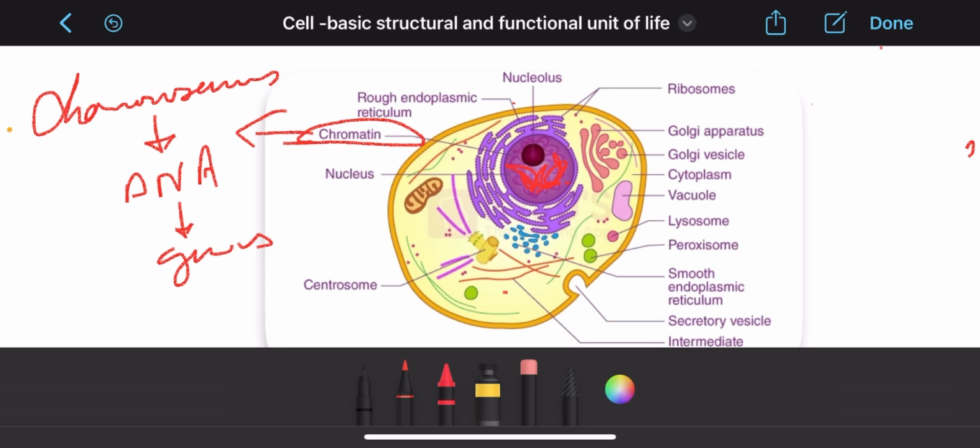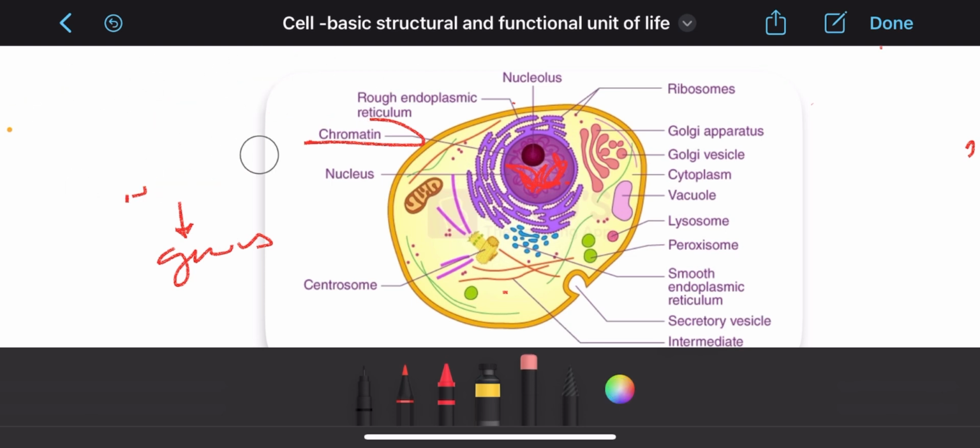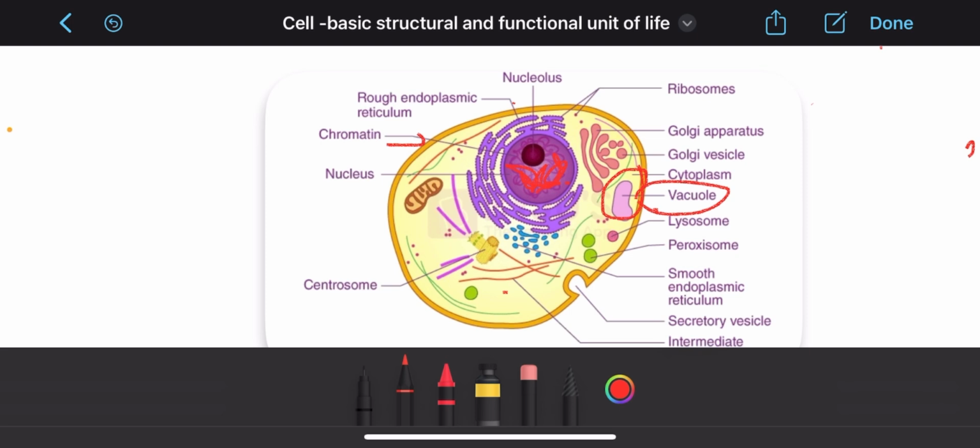Now, the next cell organelle which we are going to study is the vacuole. There are certain vacuoles present inside the cell. These vacuoles are larger in plant cells, but smaller and numerous in animal cells.